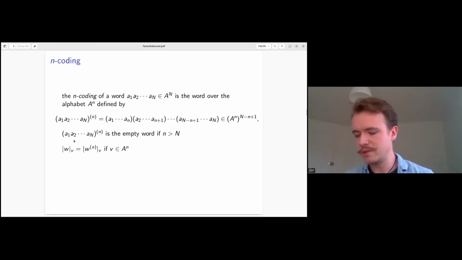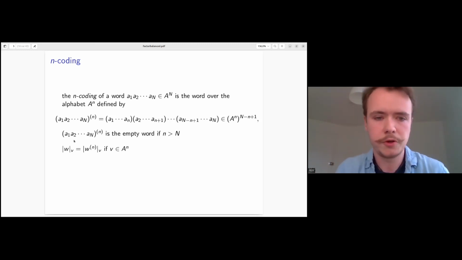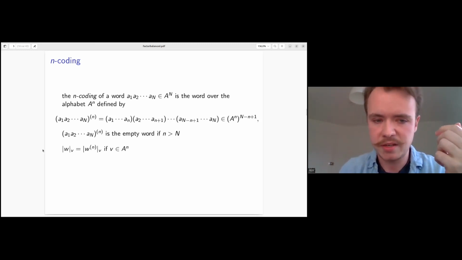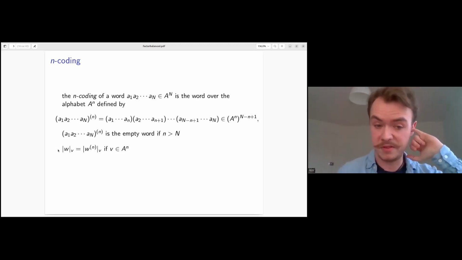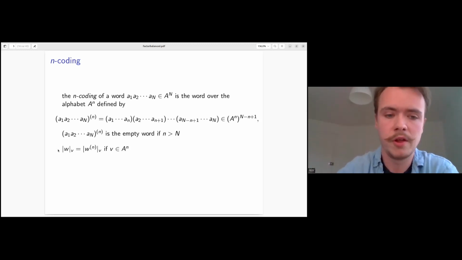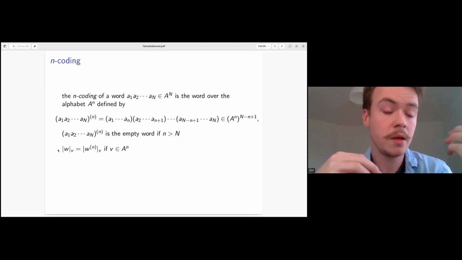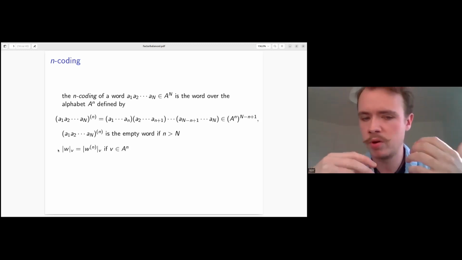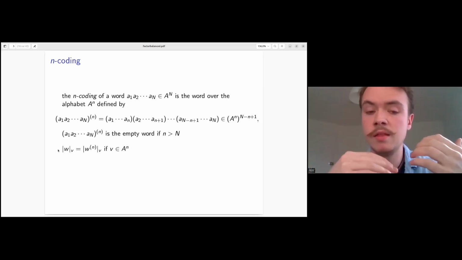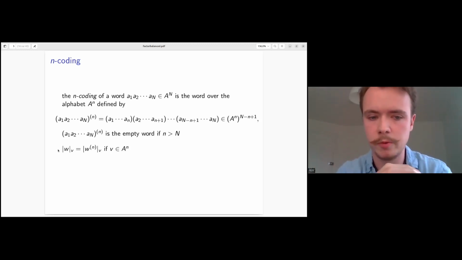The point of that notion of encoding is that if you take a word w and a factor v, and you want to know the number of occurrences of v in that word, if n is the length of that factor v, then it is the same as looking at the number of occurrences of v in the encoding of w.